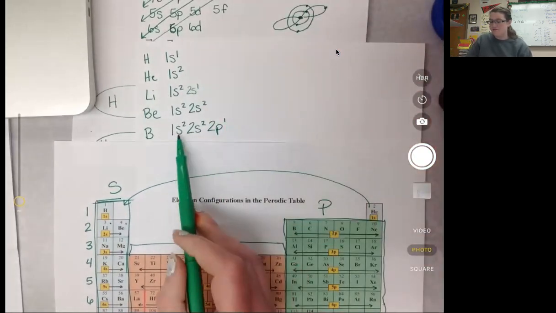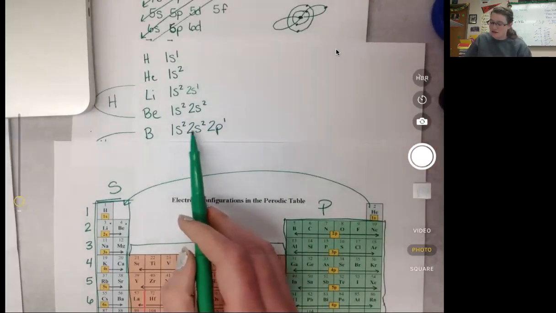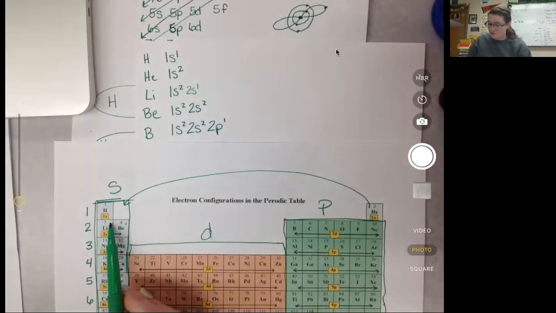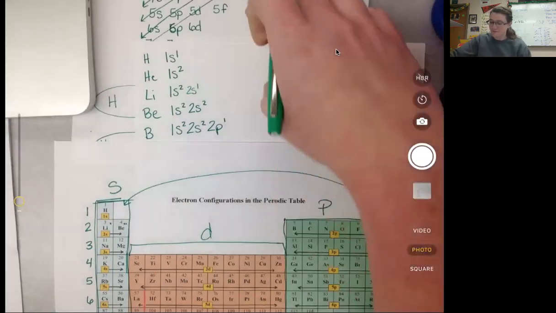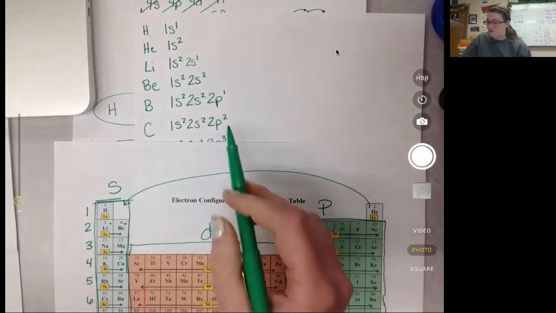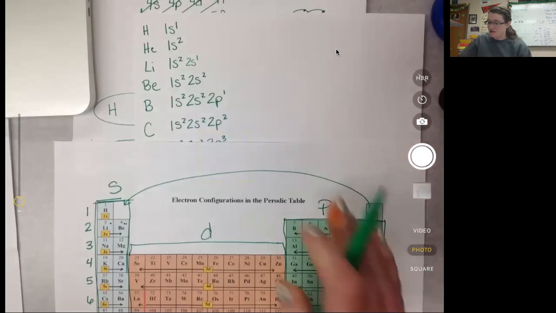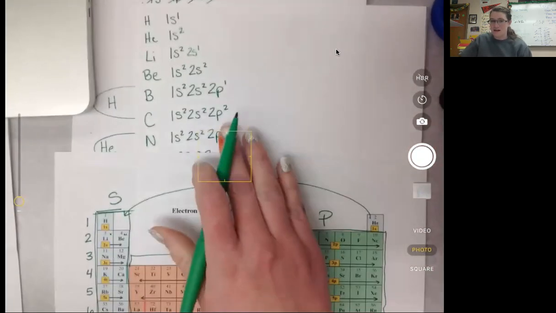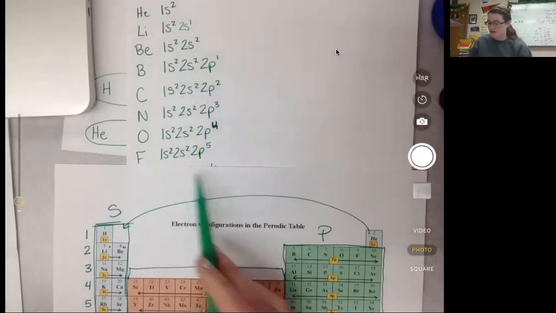Boron fills the first energy level, so we got to there, and then it puts 2 electrons in the S orbitals, so it put 1, 2 into S, and then it puts 1 into the P sublevel of the second energy level. All right, and then carbon is next, and so it puts 2 electrons into that p orbital, and then nitrogen puts in 3, and then oxygen 4, and then fluorine 5.